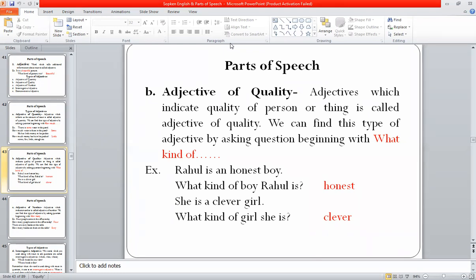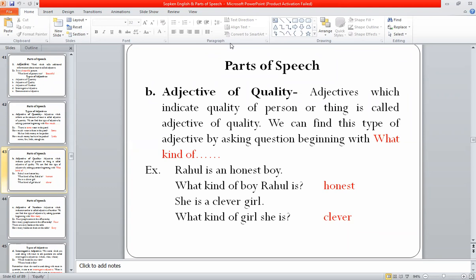First is, Rahul is an honest boy. If we ask the question, what kind of boy Rahul is, then it will answer honest.